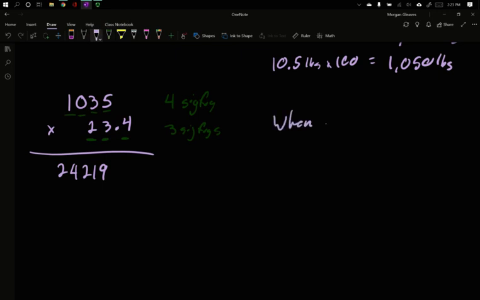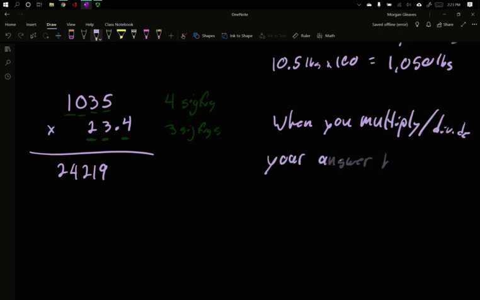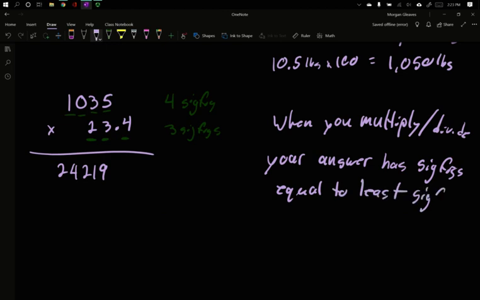When you multiply and divide, your answer has sig figs equal to the least sig figs in the math problem. What this means is despite that our calculator indeed gave us 5 values, we don't get to keep them all.